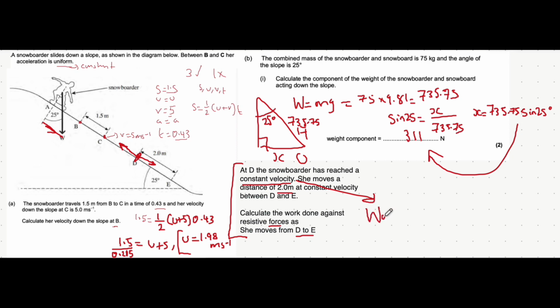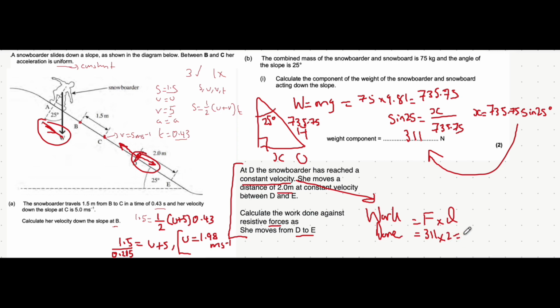So how do we calculate the energy due to the weight? Well, we can find the work done by the weight because we use the force and we multiply by the distance. Now, what force do we use? Well, we use the component of the weight that acts in this direction, which we've already found, 311. And we multiply that by the distance it moves at that constant velocity.